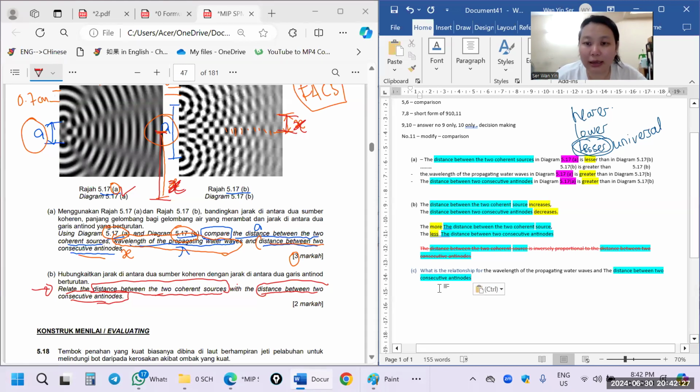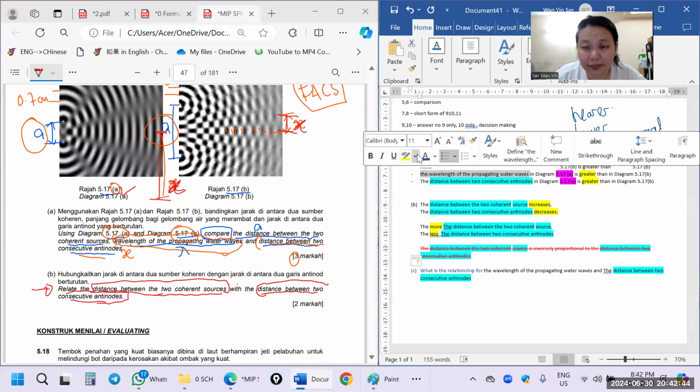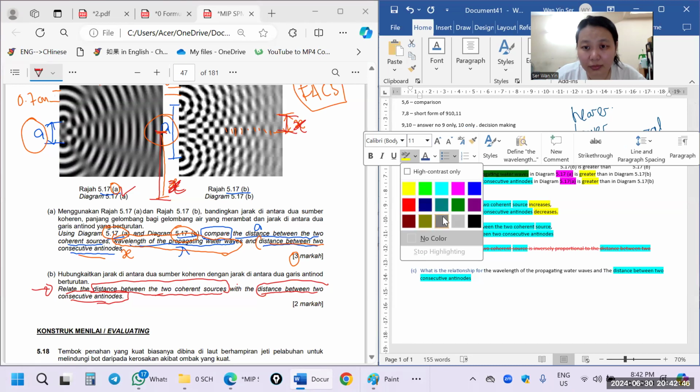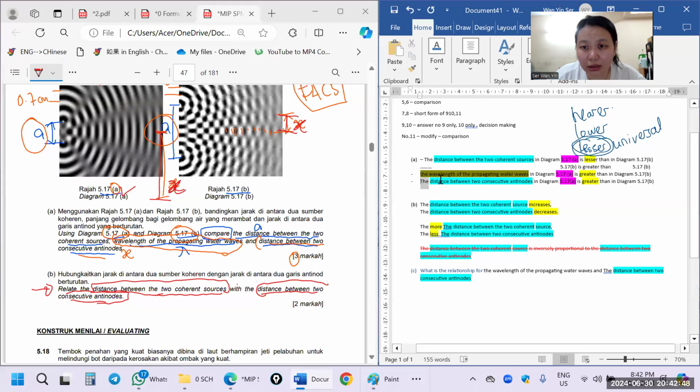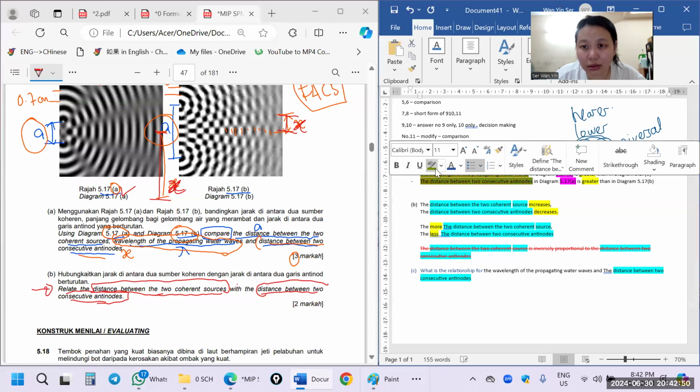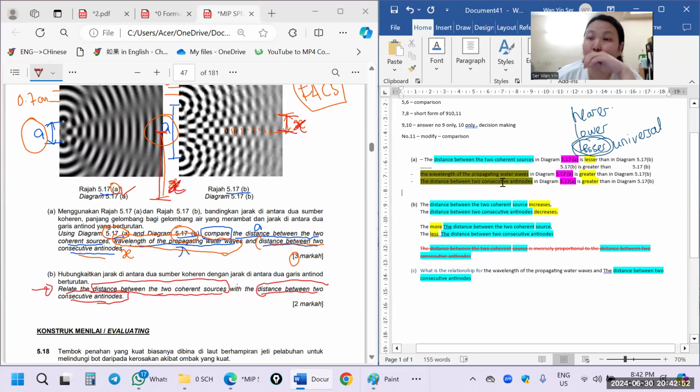Okay, so now how is the relationship? You can write on your paper first. What's the relationship? So I make it as another highlight color. Maybe this and this. So now what's the relationship between these two?